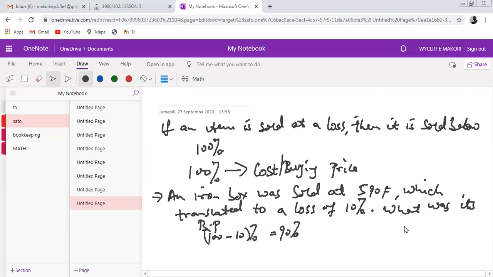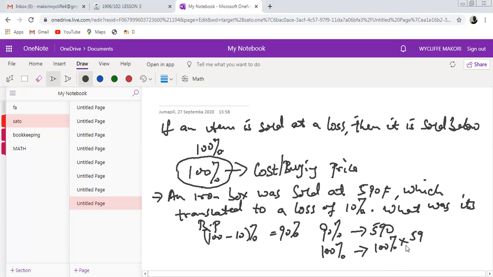The buying price is always represented by a percentage of 100. So we say, if 90% is equivalent to 590 shillings, because that is the selling price, what about 100%, which is the cost or the buying price? It is going to be 100% times 590 over 90%.